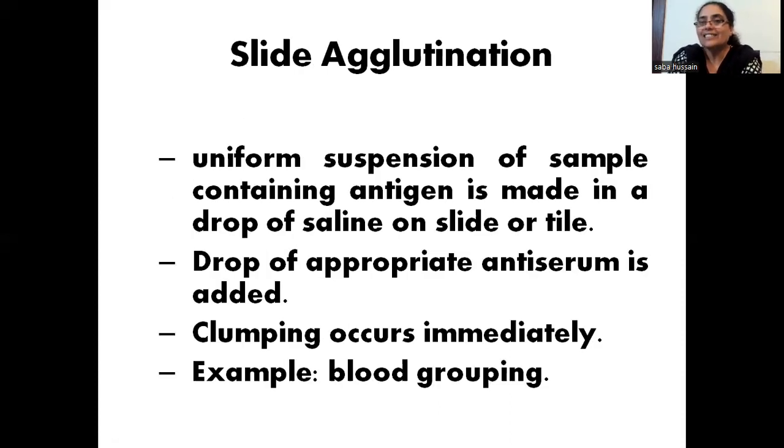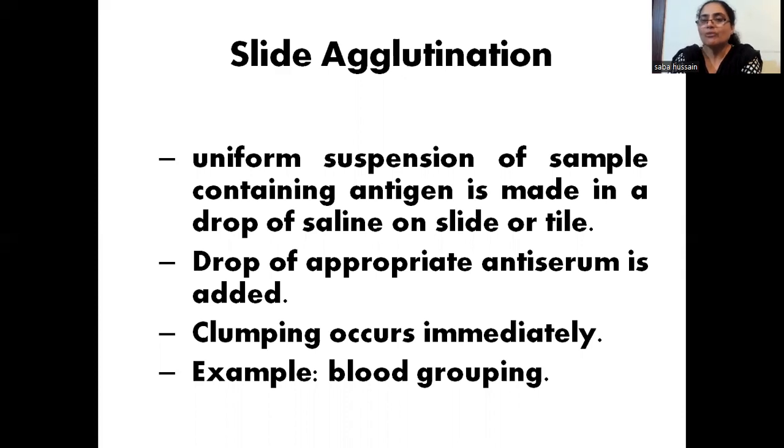Now, studying these tests individually. What is slide agglutination test? It's a uniform suspension of the sample containing antigen, made in a drop of saline on a slide. If you have performed blood grouping, finding the blood group is one type of agglutination test, the slide agglutination test.